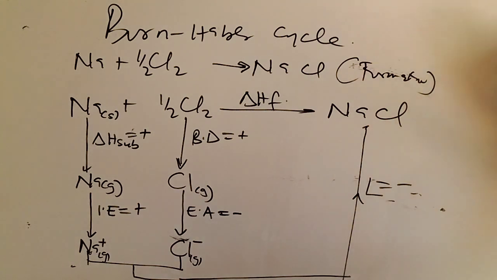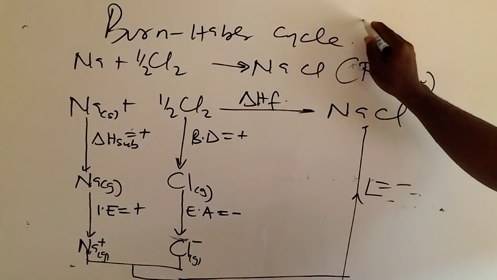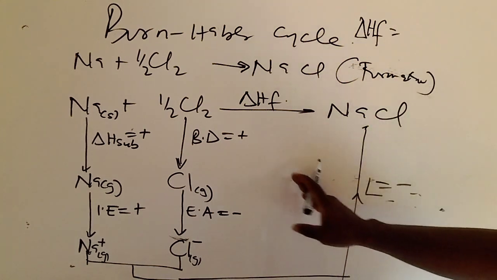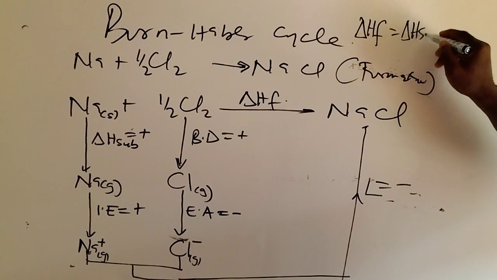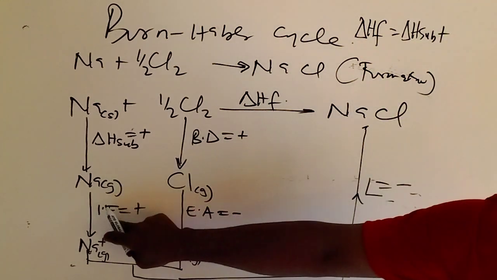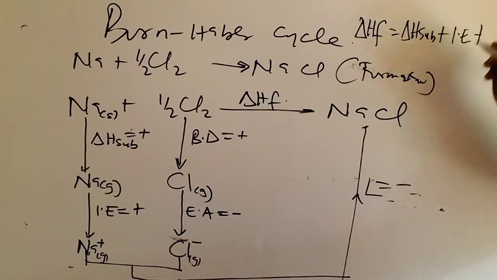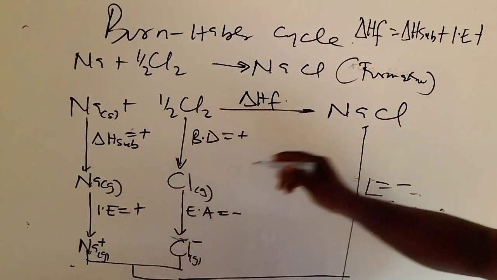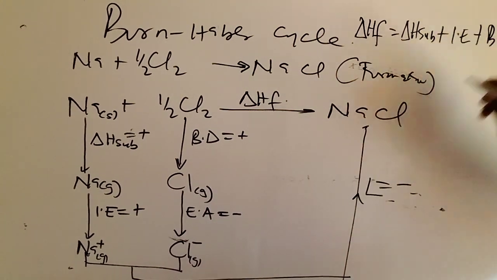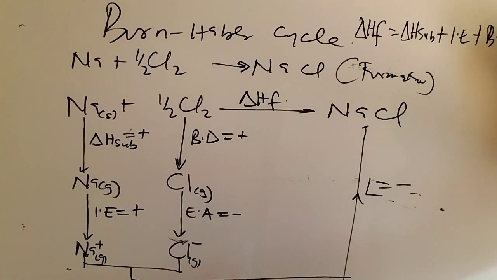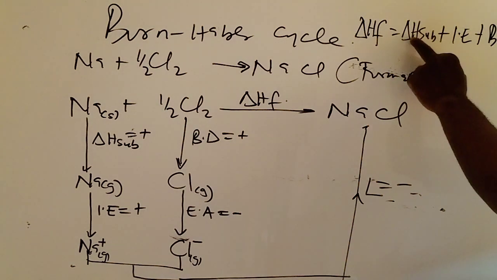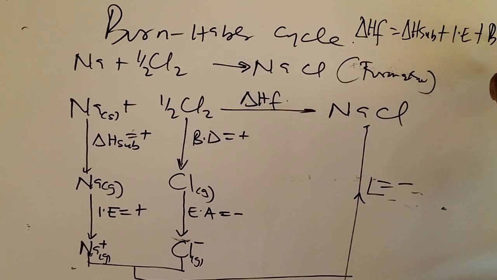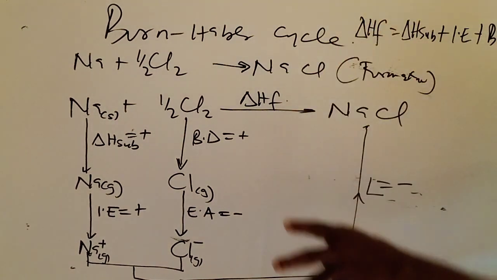So delta HF, the enthalpy of formation, will be the sum of all the energy changes involved: enthalpy of sublimation plus ionization energy plus bond dissociation energy plus electron affinity plus lattice energy. We add these energies to get the enthalpy of formation of an ionic compound.